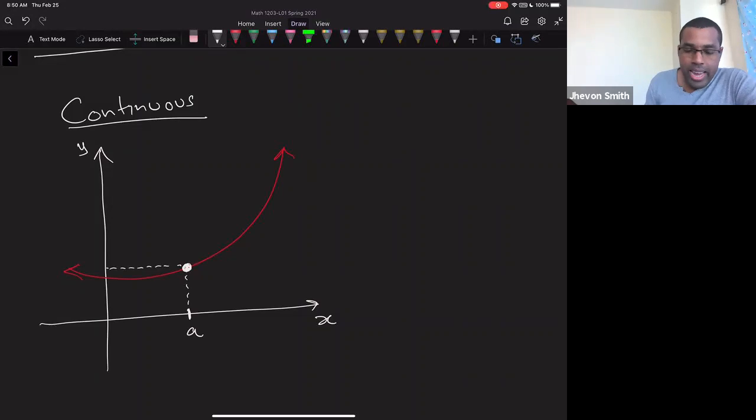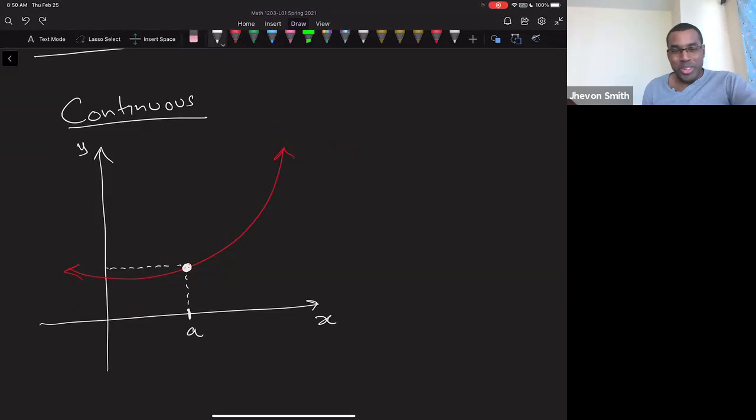You'll notice that I can literally just graph through A without lifting my pencil off the page, right? Something crazy might happen further out, but when I'm in the local neighborhood of where A is, I can just draw a continual curve, very nice, no disruptions, no breaks, no gaps, no holes. It's just flowing as I pass through A. It's almost unremarkable.